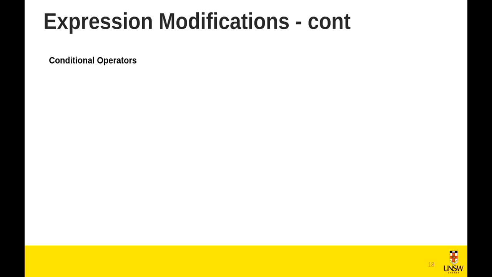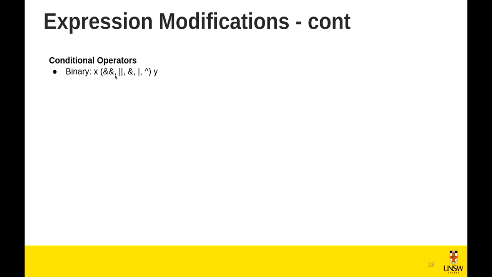And there are more expression modifications we can do. So the other type of operators are conditional operators. For conditional operators, we could have binary condition operators, which are all the logic operators.